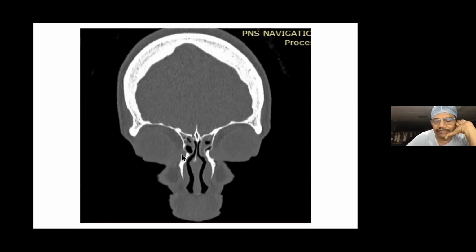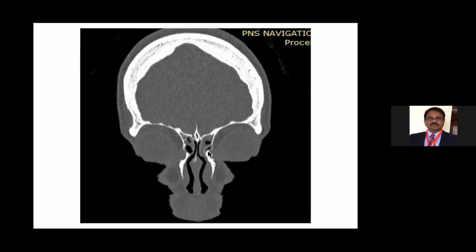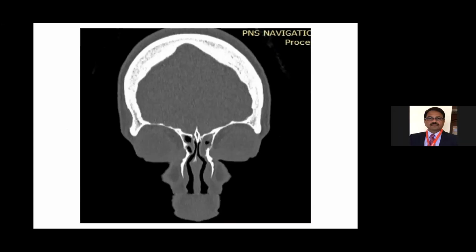There is a cell above that. This is the agger nasi cell. This is very important. One of the commonest sites of leaving the disease is the agger nasi cell, which can be tackled easily and safely, but somehow people do miss that.